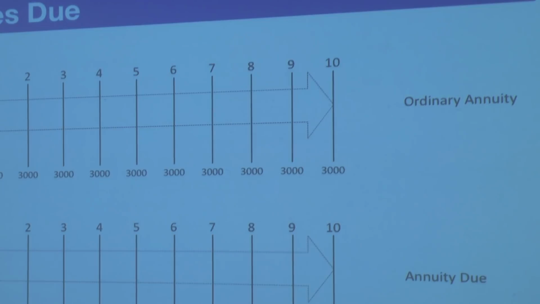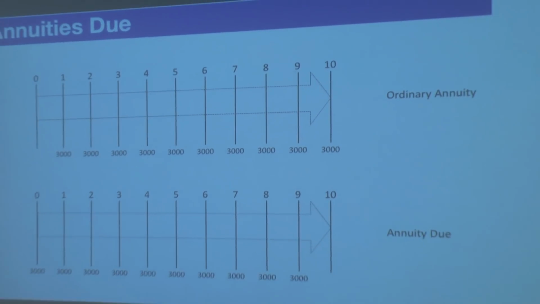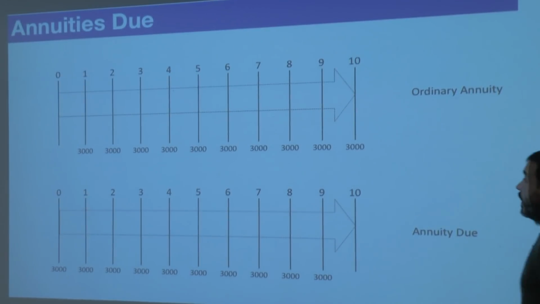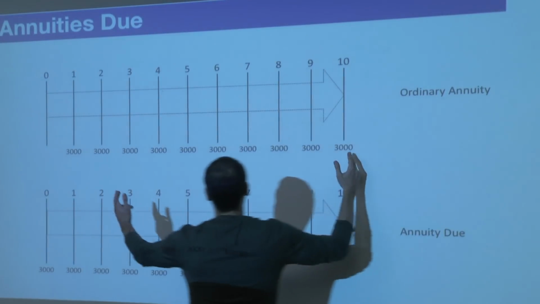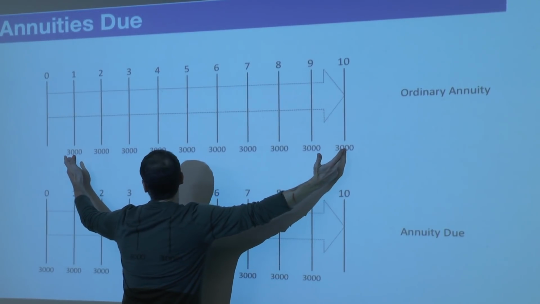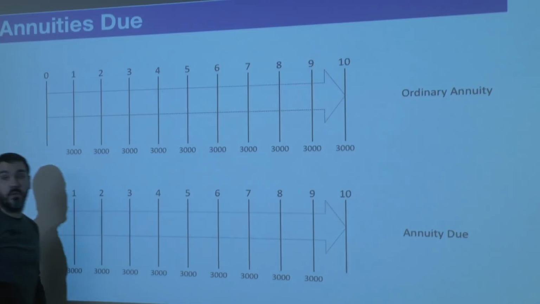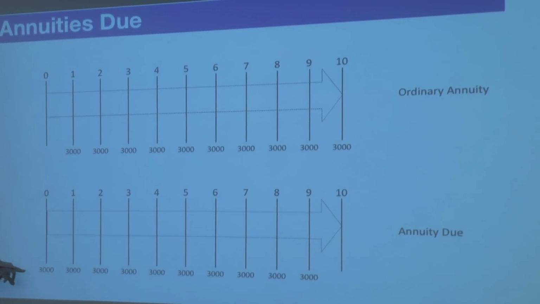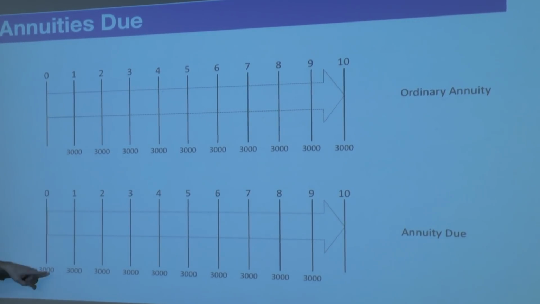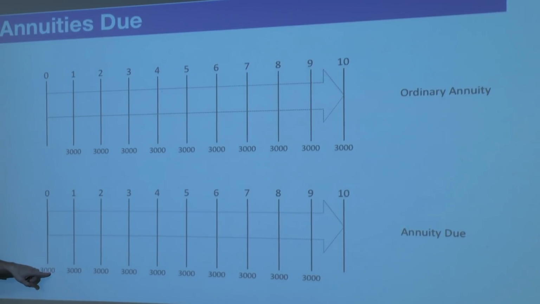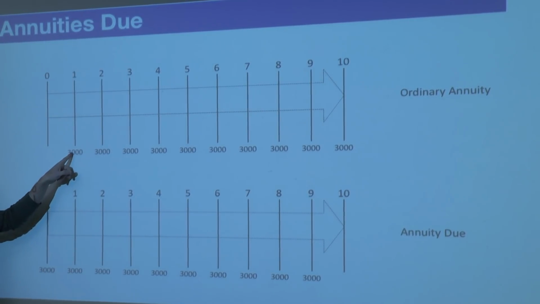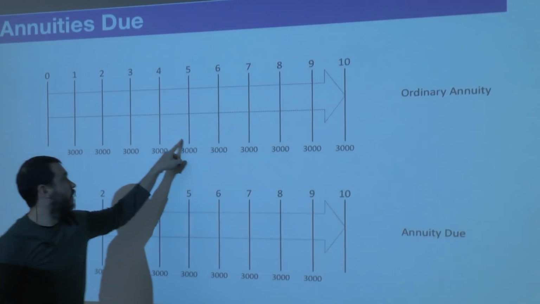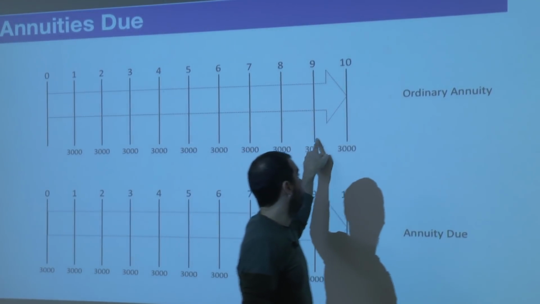The reason why is pretty obvious if you draw the timelines. An annuity due is really an ordinary annuity where you take the payments and you bring them forward by 1 period. So each payment stays there and earns interest 1 extra period. So this 1, 2, 3, 4, 5, 6, 7, 8, 9.